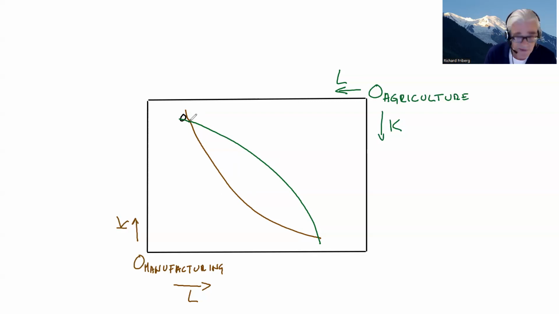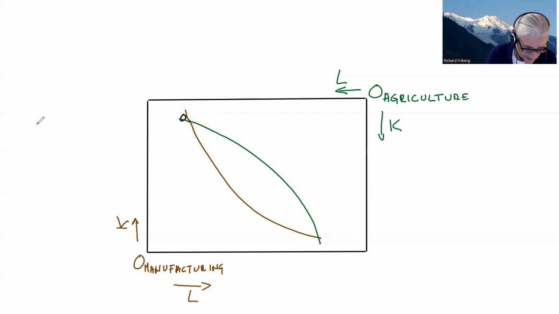So the question here is, for an allocation like O, are there potential Pareto improvements? Can we have more efficient allocations than this? And the answer is going to be yes. We could follow the same logic as we did with exchange of goods.